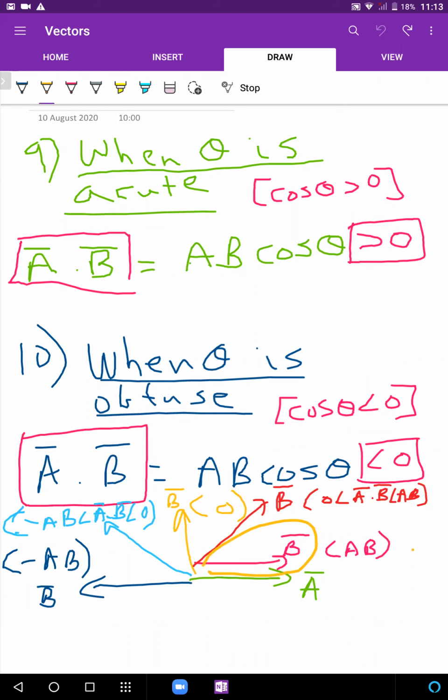For the parallel B bar, the dot product is A into B, just as a matter of summary. Then next I have drawn the red B bar. Red B bar is making an acute angle with A bar. So because of that acute angle, this dot product lies somewhere between AB, which is the max value, and 0 because we know this is positive.